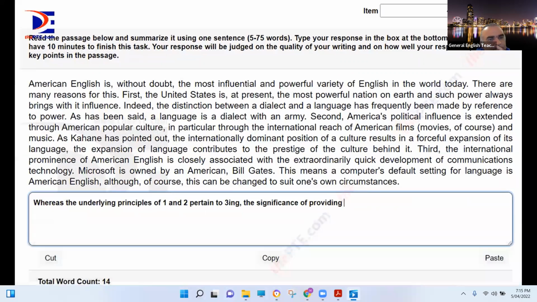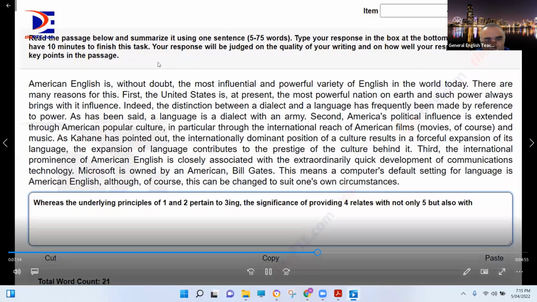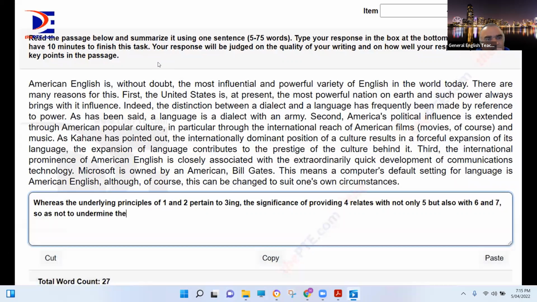Okay, we'll do this one, and we'll watch this one, and then you do one and share it with us. Okay, I give you some time to read the text.